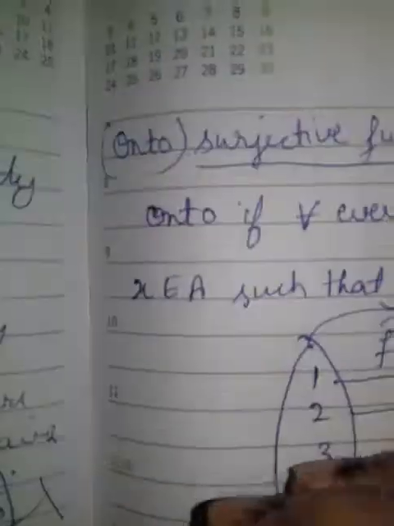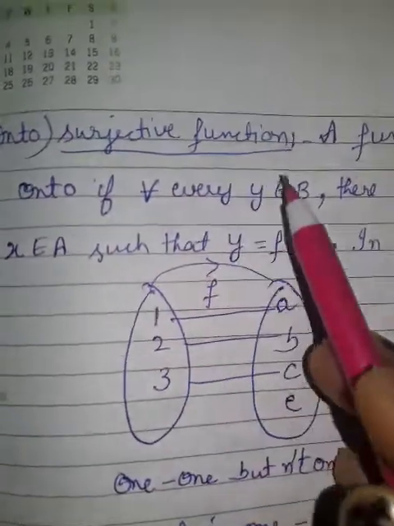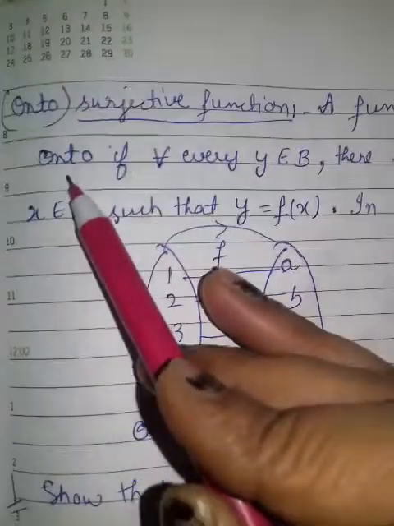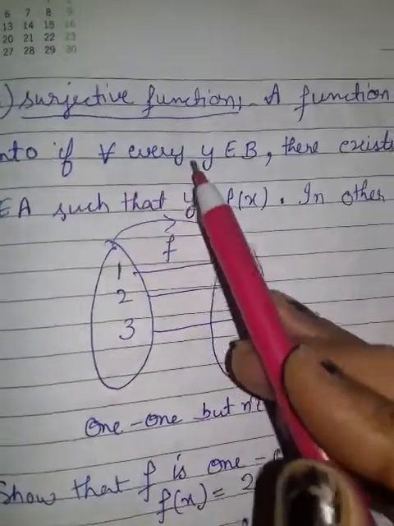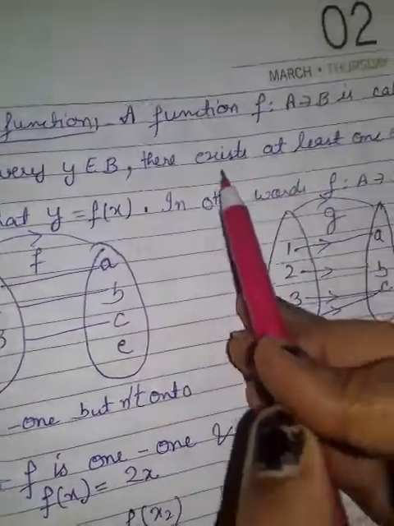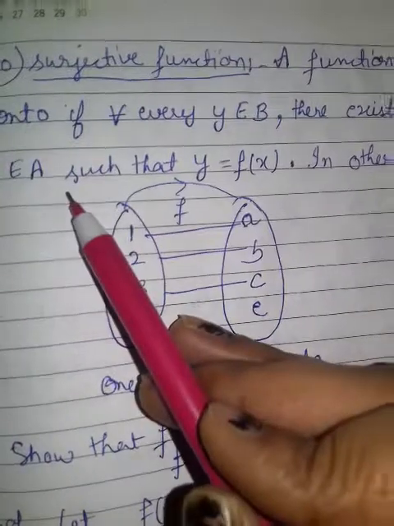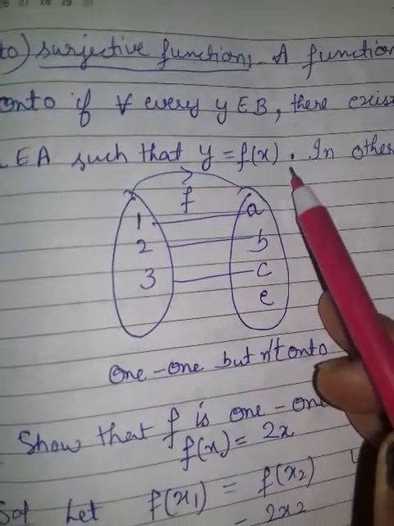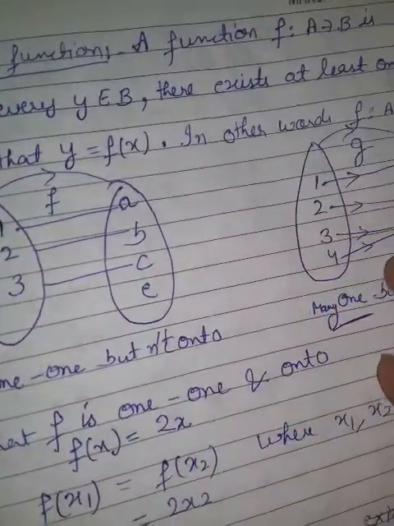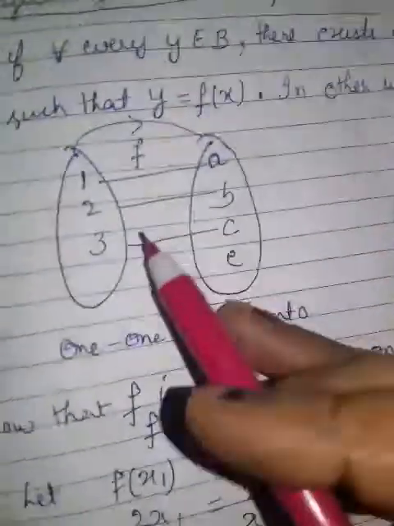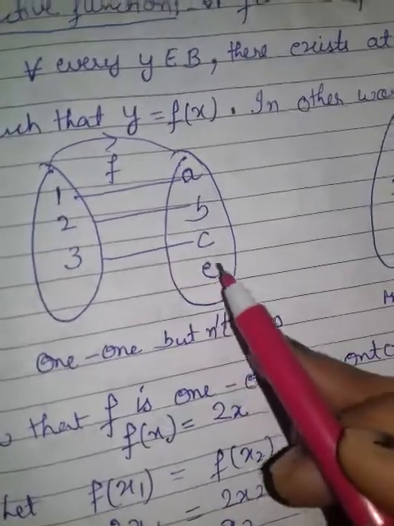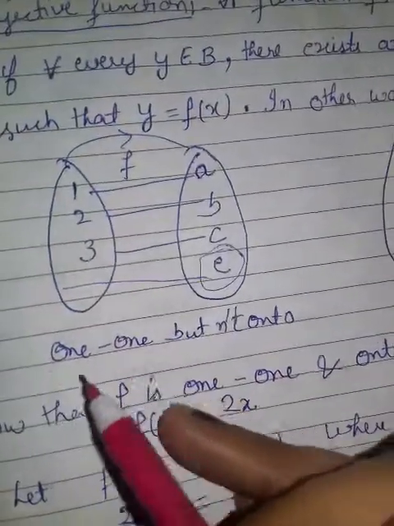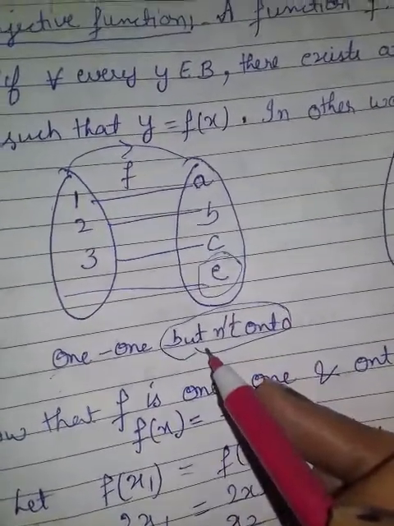Next is onto, which means a surjective function. A function f from A to B is called onto if for every y belonging to B there exists at least one element x belonging to A such that y is equal to f(x). In other words, if any element of B has no pre-image, then it is not onto.